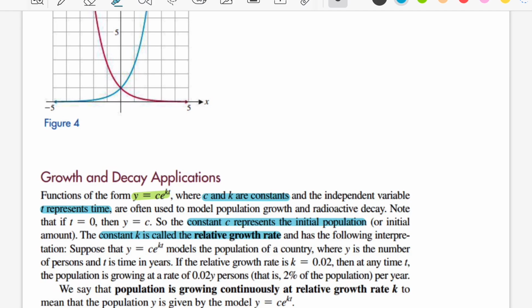Let's suppose that we have y is equal to c times e to the power kt, and that models the population of a country where y is the number of persons and t is the time in years.